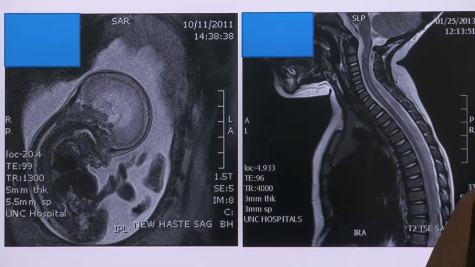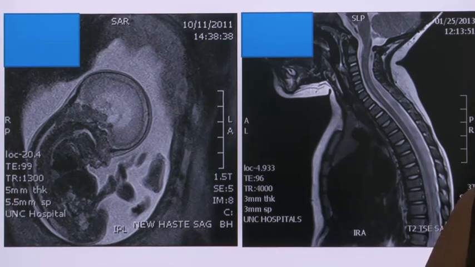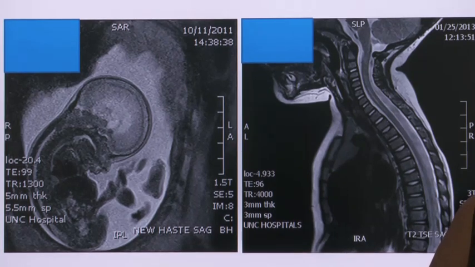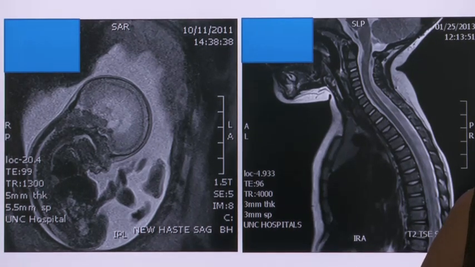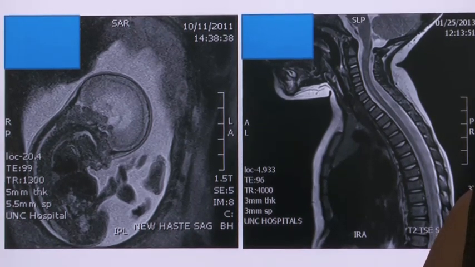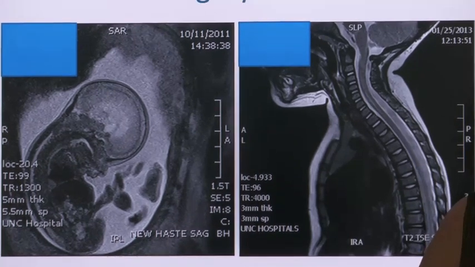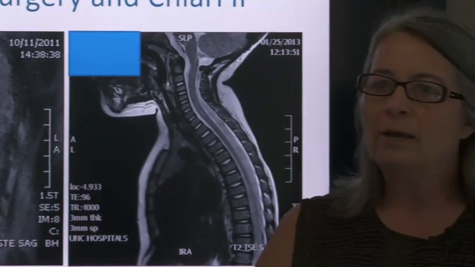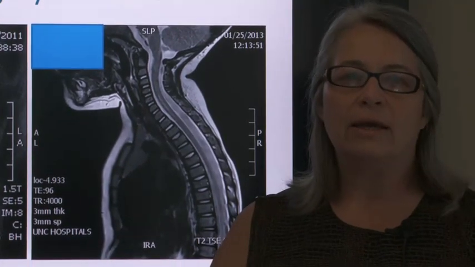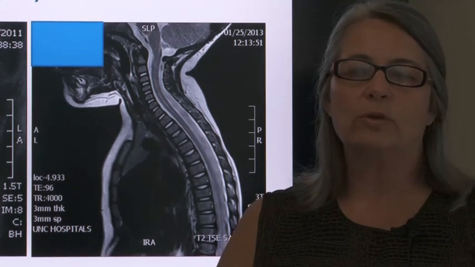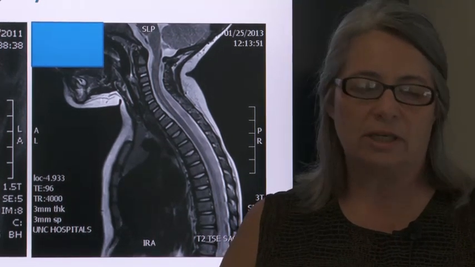We offer fetal surgery along with our maternal fetal medicine experts, where we close the neural tube defect on the fetus and then close the uterus back and then have them deliver sometime between 32 and 37 weeks gestation.